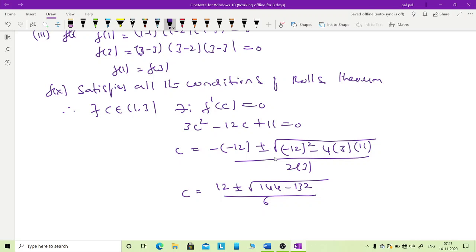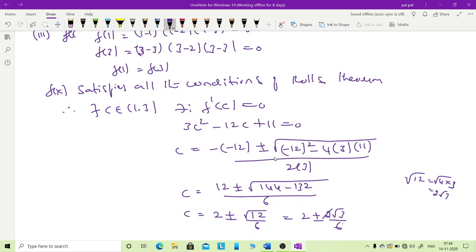So c is equal to 12 divided by 6, which is 2, plus or minus square root of 144 minus 132, which is 12, again divided by 6. 12 can be written as square root of 4 into 3. Taking the root of 4 outside, it is 2 root 3. So it is 2 root 3 divided by 6.